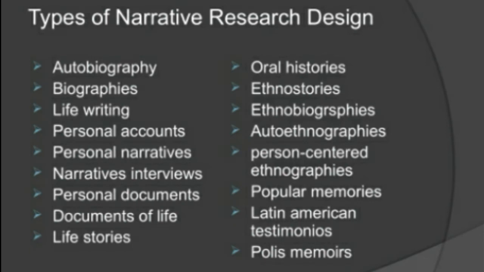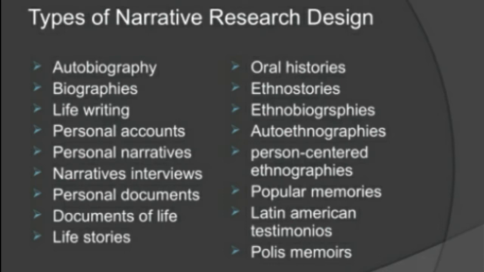There are 17 types of narrative research design. The first one is autobiography. An autobiography is where the individual who is the subject of the study writes the account. The second one is biography, a form of narrative study in which the researcher writes and records the experiences of another person's life.